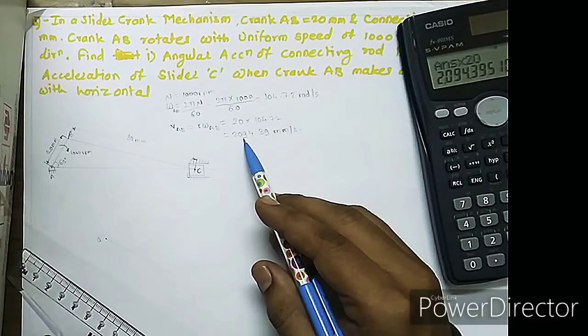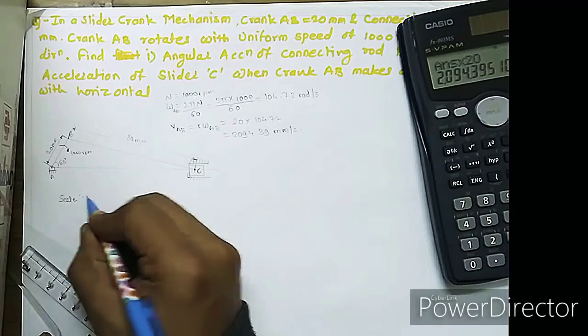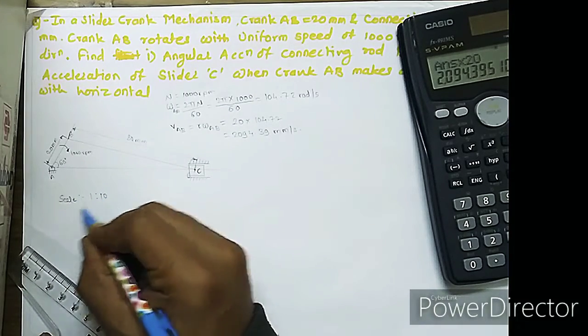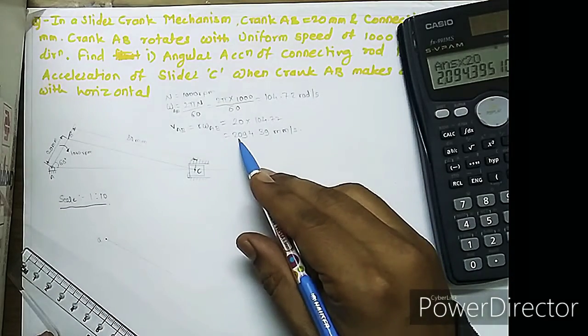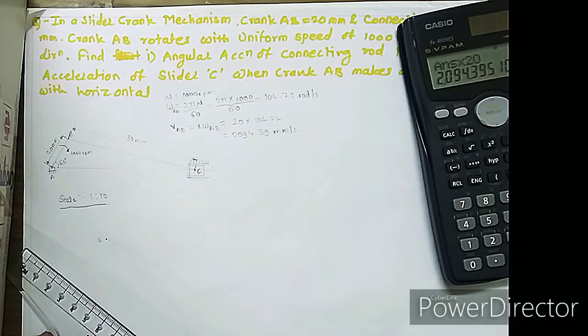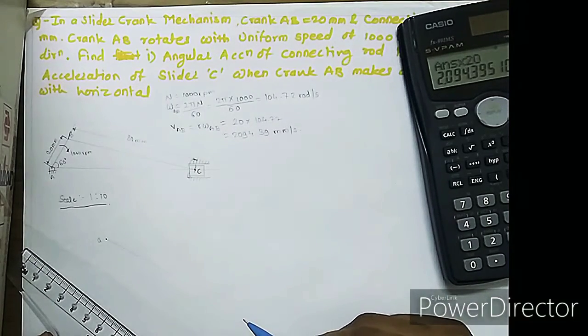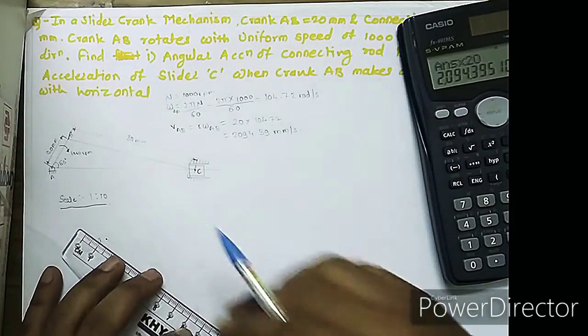Now we have to choose a scale, as we can't draw VAB to full scale. So take a scale of 1:100. So 2094.39 divided by 100, we will get 20.94 mm, or 2.094 centimeter.